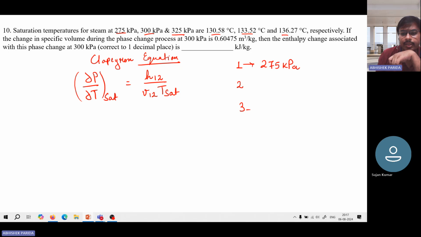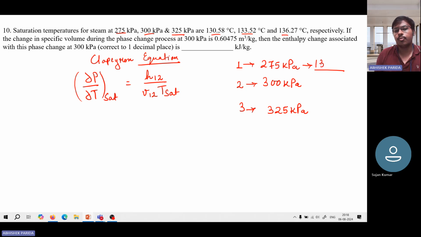At state point 3, it is 325 kilopascal. In between both of them, it is 300 kilopascal. Now you have T saturation as well. Although you will be using T saturation in Kelvin, always remember that. So convert this degree Celsius into Kelvin, the absolute temperature scale.